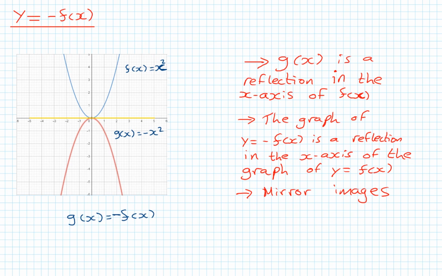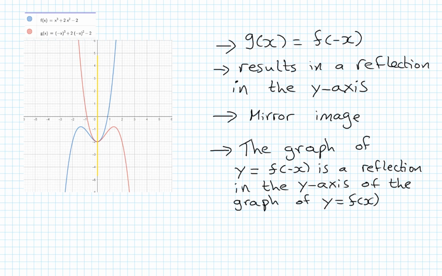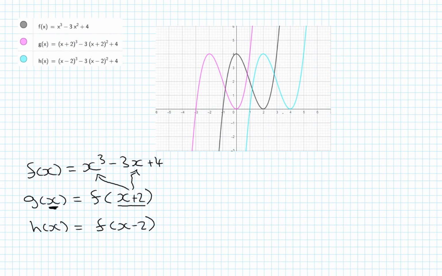And then another thing we have, which is similar, is if we have g of x equals f of minus x. It's very similar to this one here, where we were substituting in for x plus a number or negative a number.